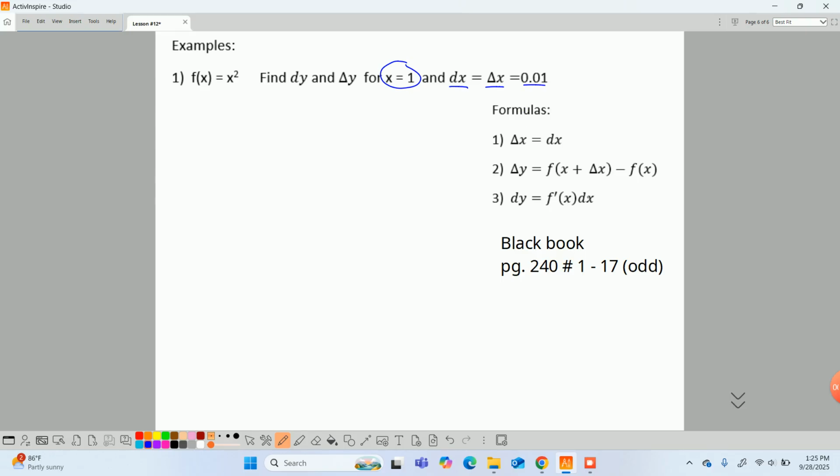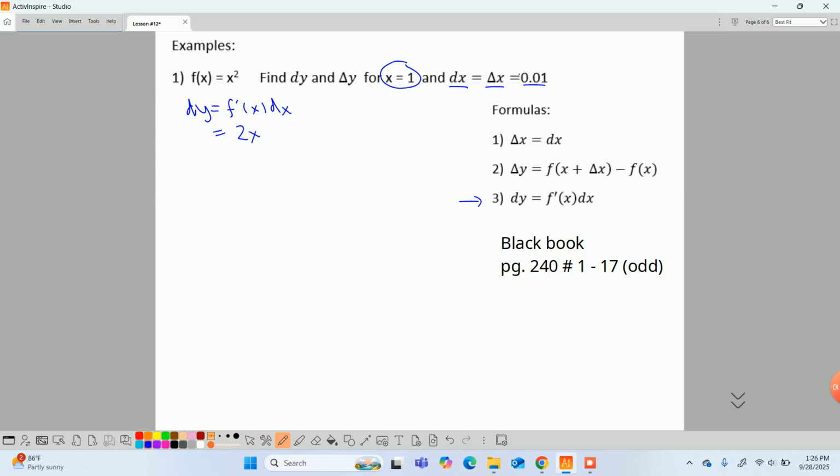We also know that dx equals the change in x, which equals 0.01. These are the three formulas I gave you a couple slides ago. Let's do the easiest one to start with, dy. So dy is really just the derivative of this f of x function, and we'll throw that dx at the end. What is the derivative? If we use the power rule, we get 2x, and then dx.